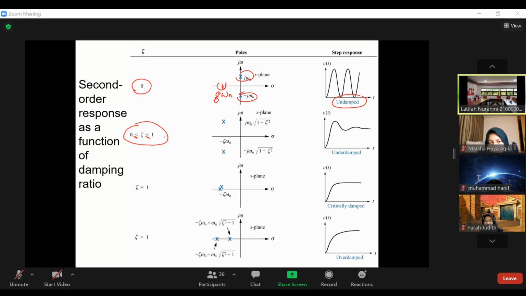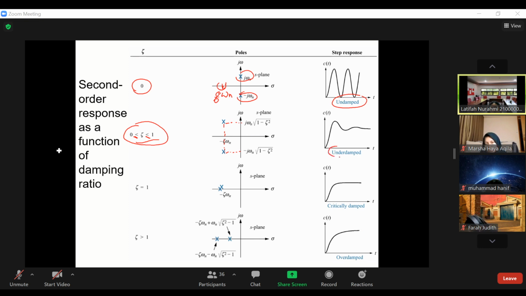Now we continue to this. This is what we call underdamped. Zeta is in between 0 up to 1. You have both a real number and an imaginary number. So your pole is complex. These are complex poles. So in the complex pole, you have zeta, you have also omega n, so you have a complete property. So your system will look like this.